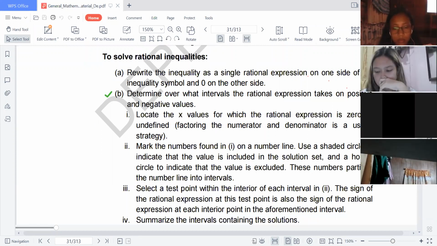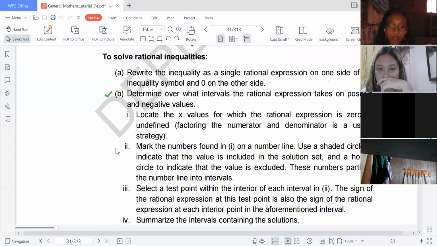There are sub steps. First, you locate the values for which the rational expression is 0 or undefined. How to do it? You will be factoring the numerator and the denominator, then equating each factor to 0.